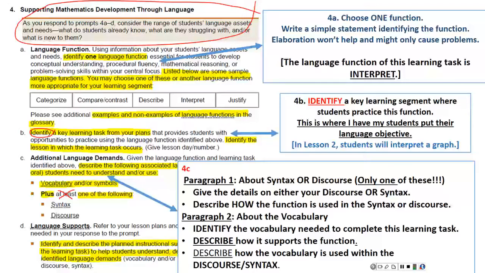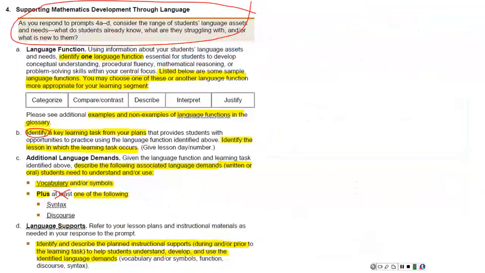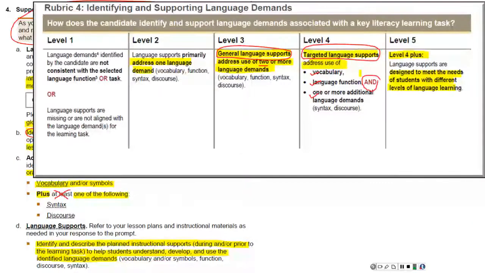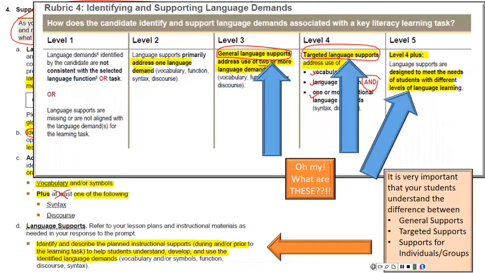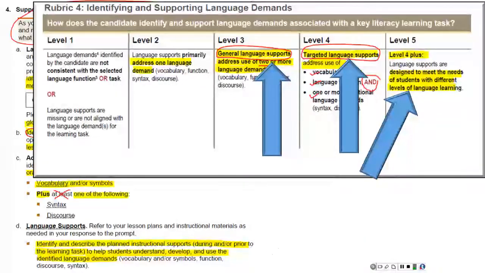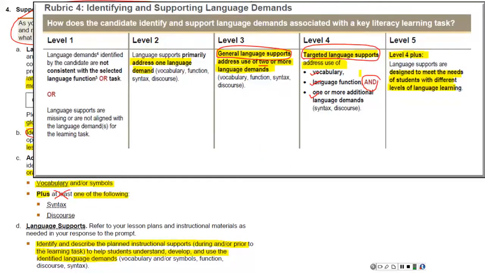That covers that question. The biggest part of that entire rubric, rubric 4, has to do with language supports. Look, just being able to identify stuff is just going to get you a 2. You have to start talking about supports now. And the supports are big. We've got general supports, targeted supports, and individual supports.